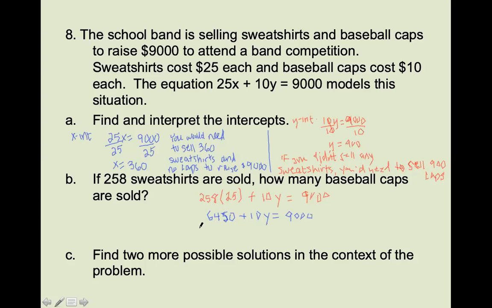So I'm going to subtract 6,450 from both sides. So 9,000 minus 6,450 leaves us with 2,550. Then we're going to divide by 10.